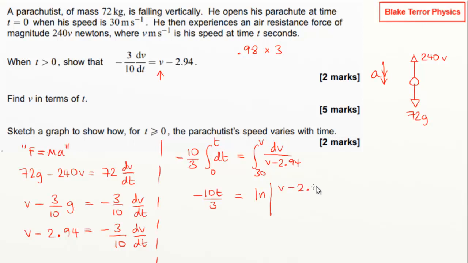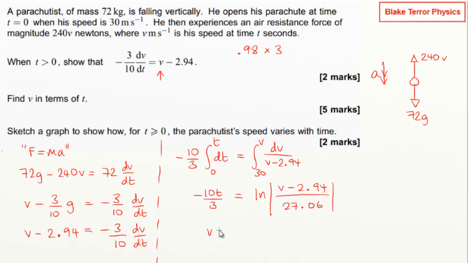So v minus 2.94 divided by 30 minus 2.94, which is 27.06.